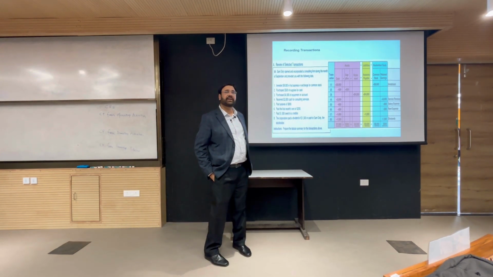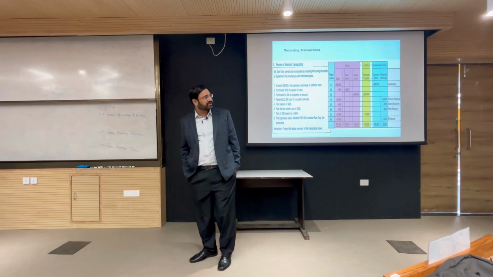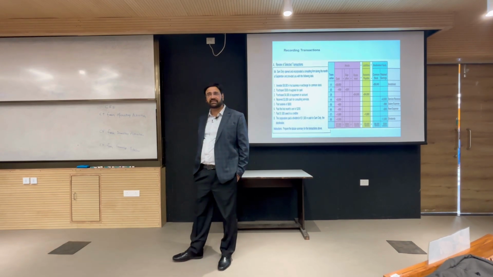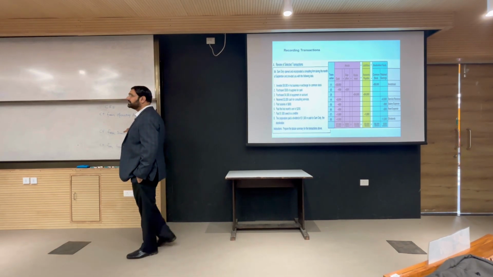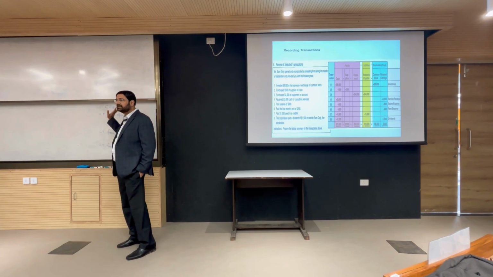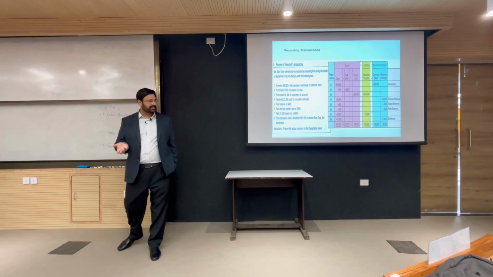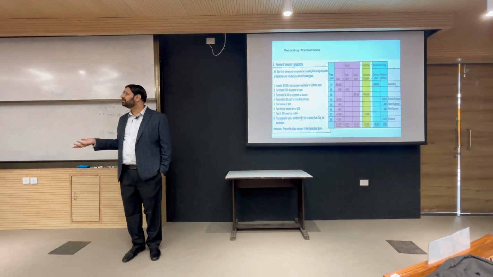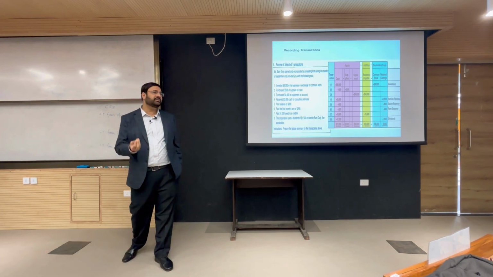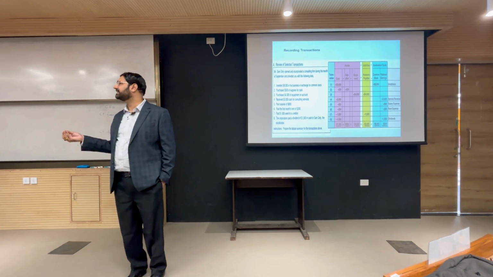Paid salaries of 800. This is a daily operation of the business. So cash flow from operating activities minus 800. Salaries is clear? Same with rent. Paid rent 200. It's a normal business activity.